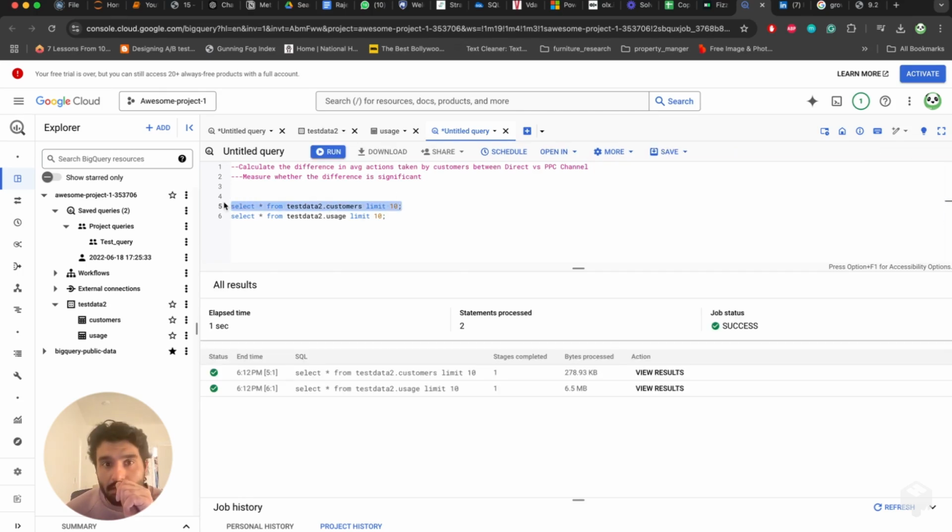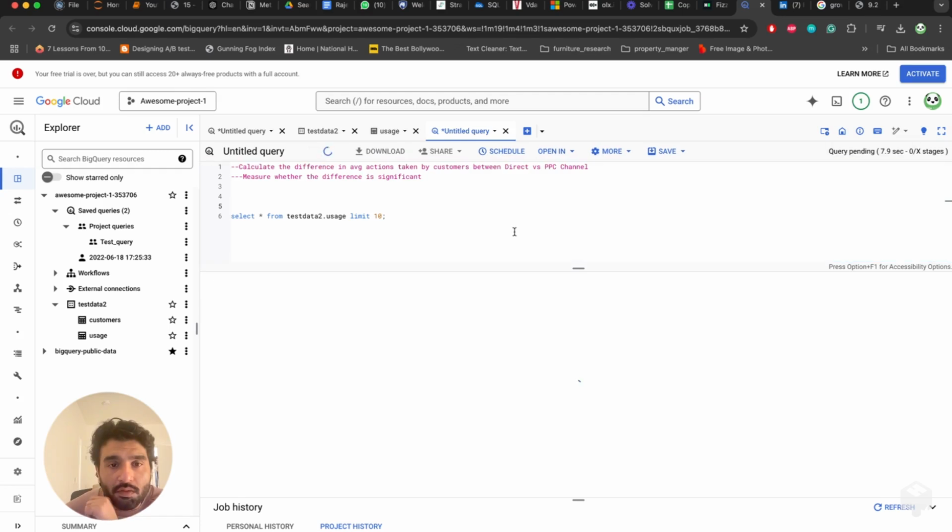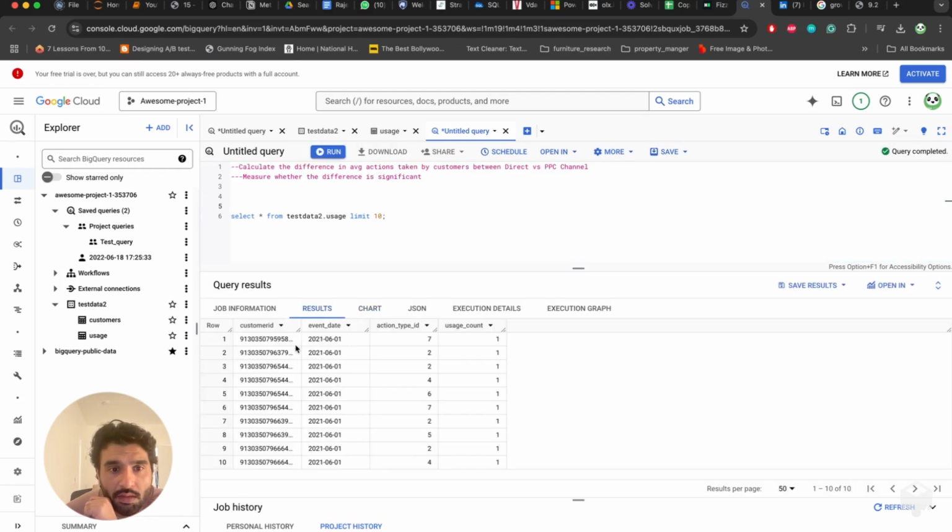Okay, so this has a customer ID, event date, when the action was taken, the type of action they took, and how many actions they took for that date and action type.